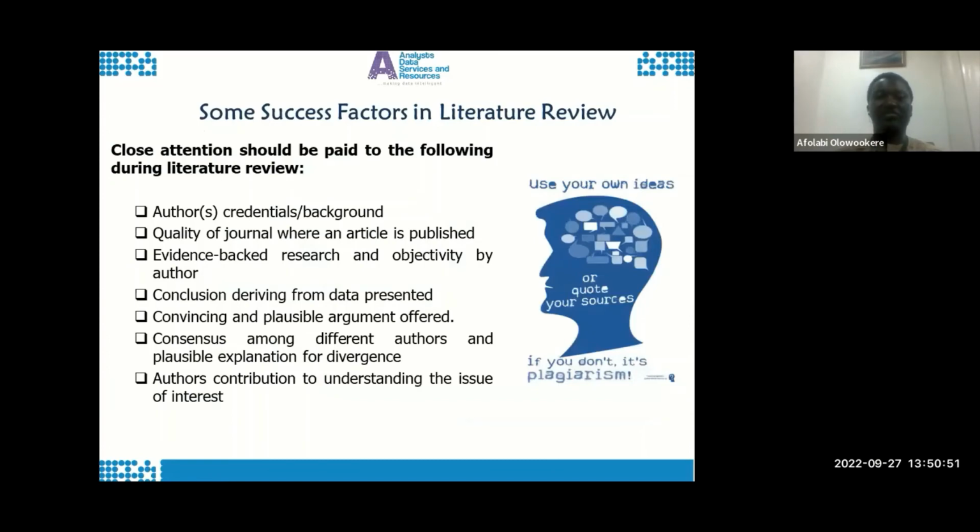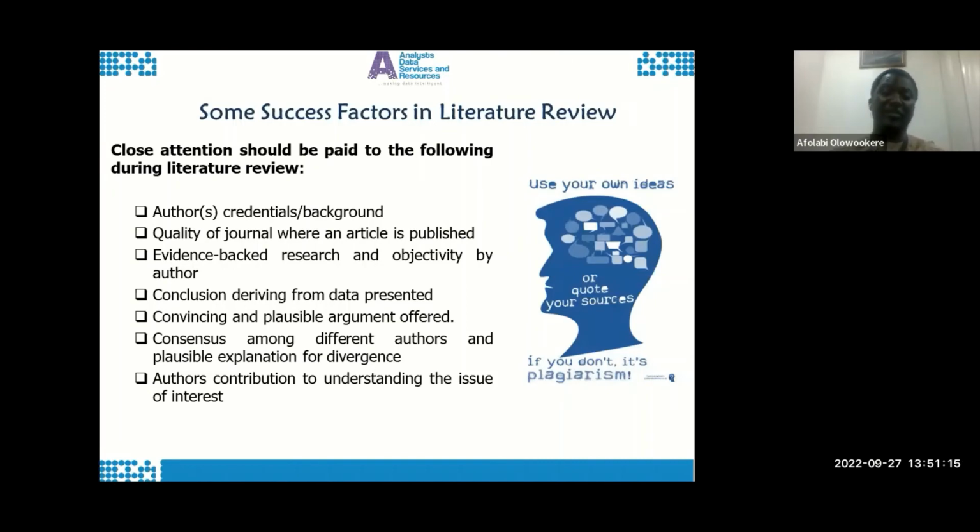Success factors: it is always important to look at the credentials of the writers, their background, and the quality of the journal or the platform where such information is published. Very important. On evidence-based research and objectivity by the author, you must have read widely before you can say this person is relatively more objective.